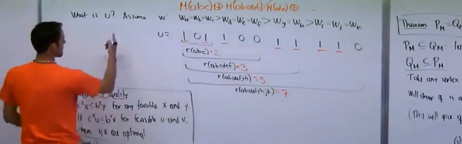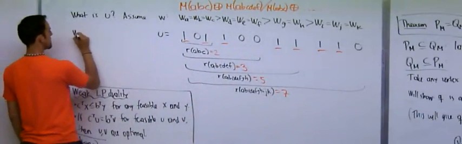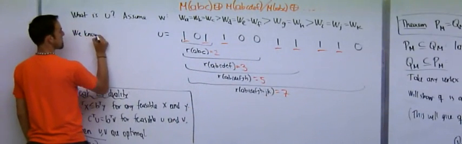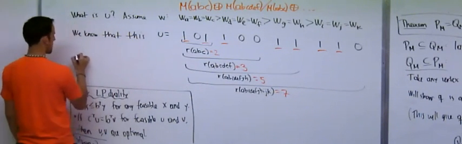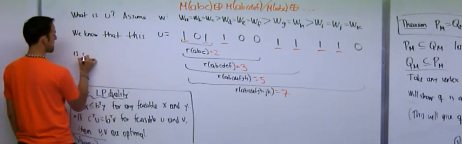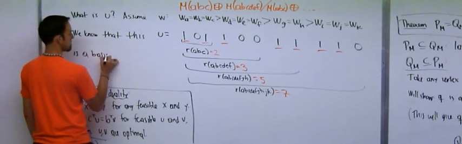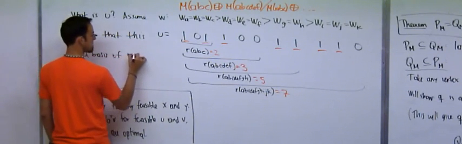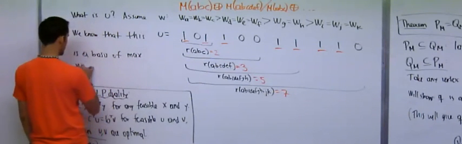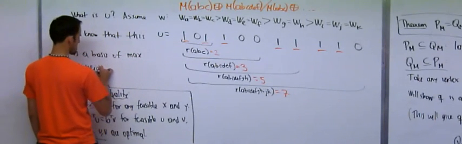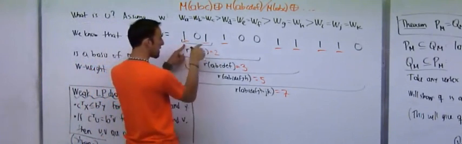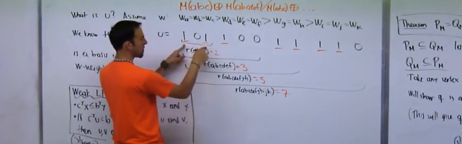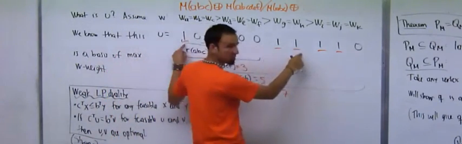And so what I'm saying is that we know that this guy is a basis of maximum W weight. We also know, but one thing I should point out to you is that actually the weight of this basis is WA plus WC plus WD plus WG plus WH and so on.